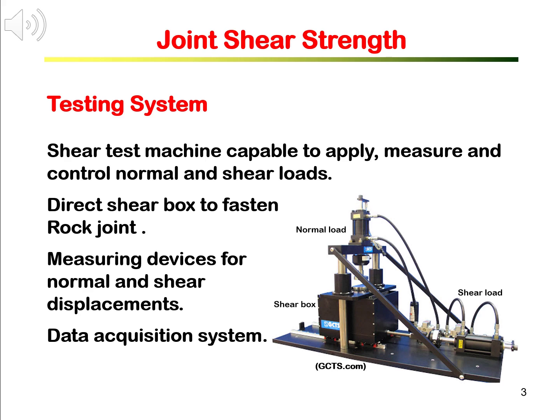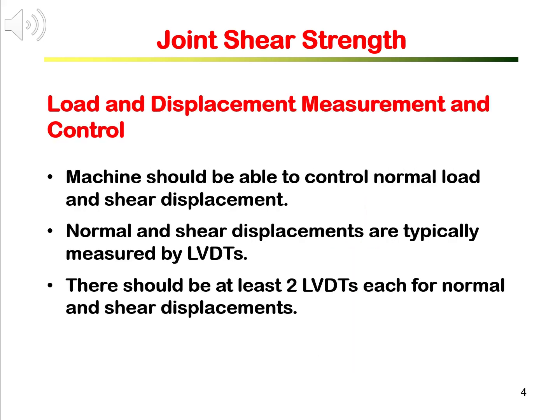Some advanced direct shear machines have servo-controlled systems for both normal load and the shear load. Common shear test is done by applying a constant normal load and then shearing the joint to measure the changes of shear stress, shear displacement, and the normal displacement.